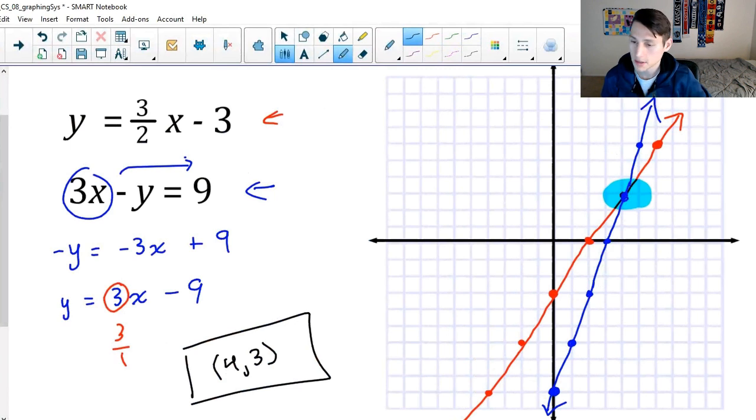It's the point where they intersect each other. So that's just good old solving by graphing. So maybe we don't need to, just another method we can use. Right? So, Algebra 1A, you remember it. I know you do.